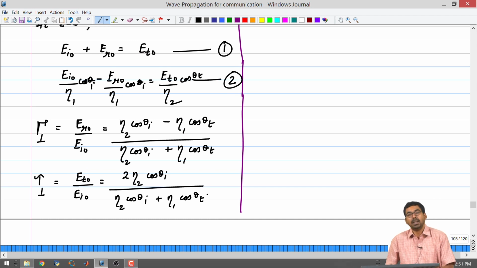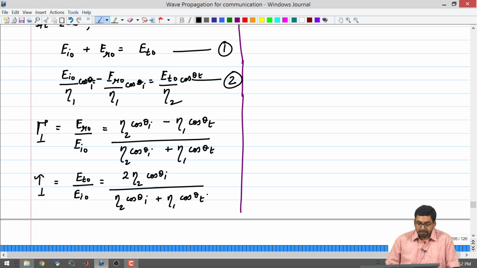You can find a relationship between gamma and tau. You can already see that the denominators are identical, and it will look like 1 plus gamma perpendicular is equal to tau perpendicular. So there is no issue with that. It looks similar to the normal incidence case, where 1 plus gamma was equal to tau for a similar polarization configuration.